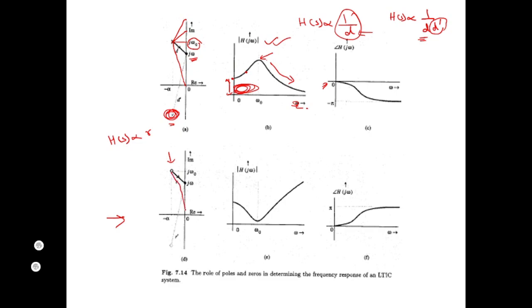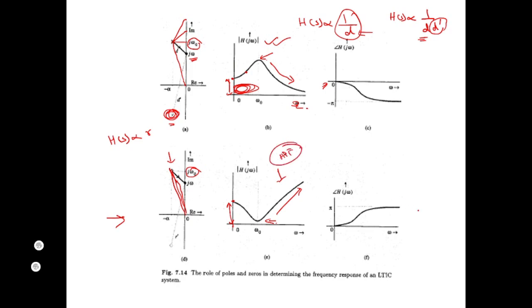If you see, R has a definite distance over here. So we start with a definite amplitude, and as we come to the resonance frequency, it becomes minimal, and again this R increases. So again we can say that there is an increase in the amplitude response, and at higher frequencies, as the gain is increasing, it is a high pass filter.